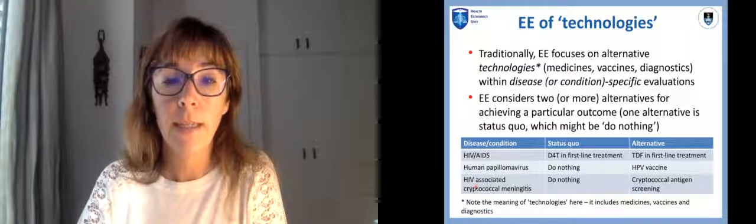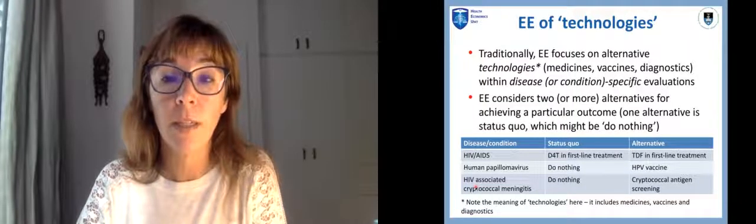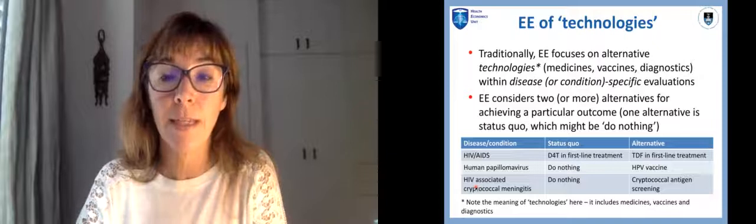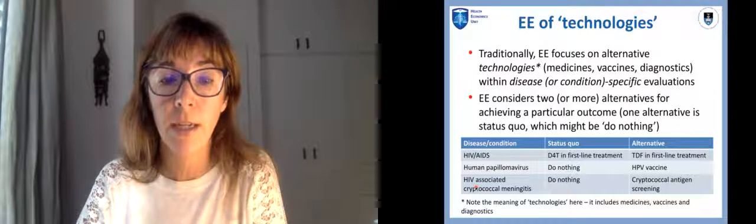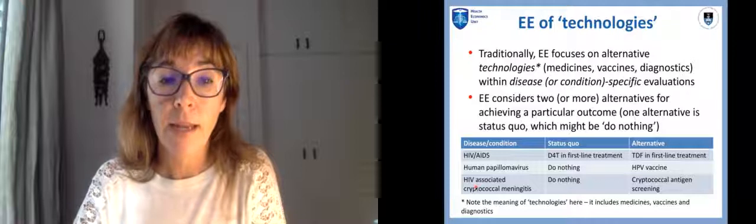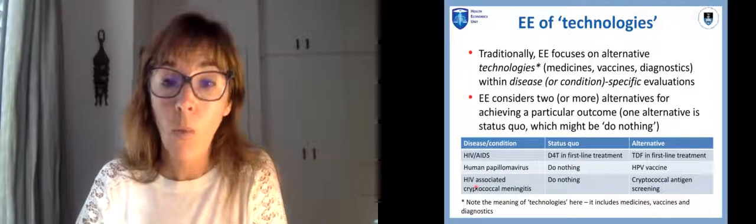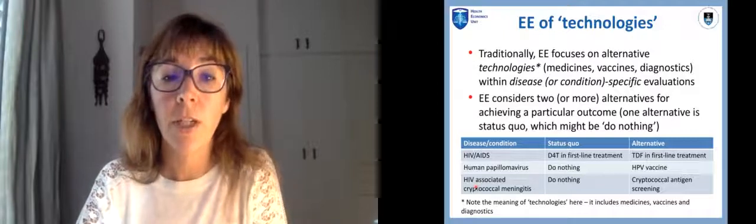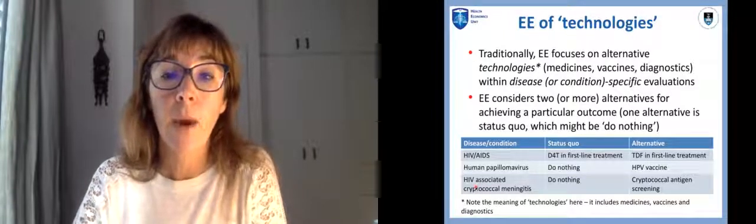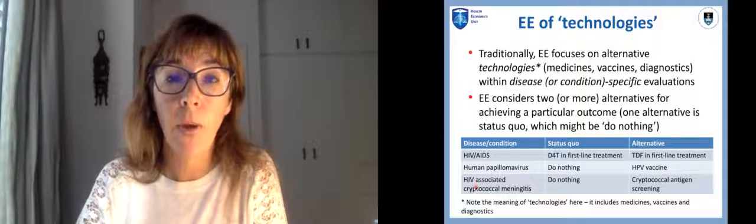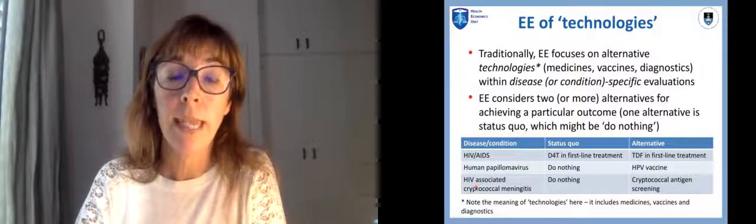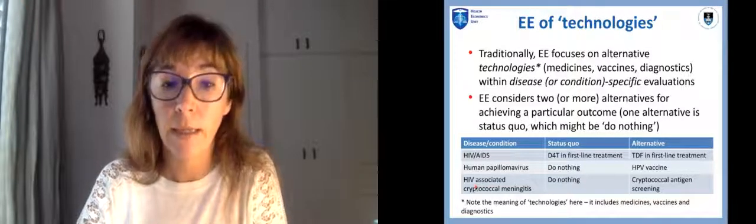The important point here is the disease or condition-specific lens that is normally taken within economic evaluation. And just to remind ourselves, any economic evaluation considers 2 or more alternatives for achieving a particular outcome, where one alternative is normally the status quo, and sometimes the status quo might be doing nothing.